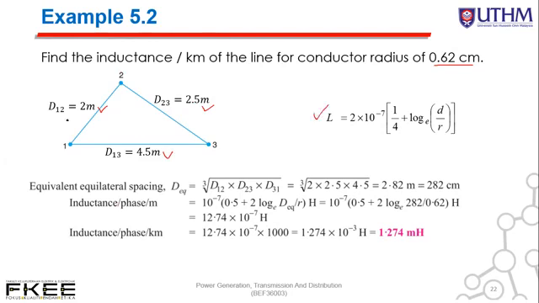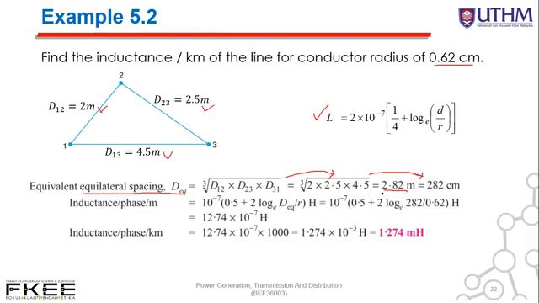Because the distances are not the same, we use the equivalent equilateral spacing formula, DEQ, that is the cube root of D12 times D23 times D31. We convert the values and find that the equivalent distance is 282 cm or 2.82 meter.